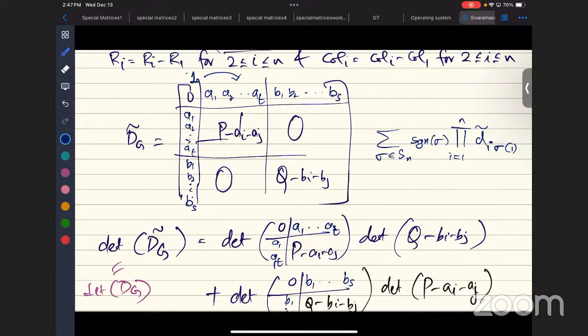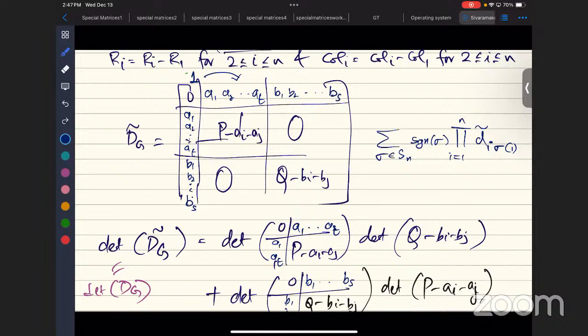Then what should happen? Notice that this is not some arbitrary matrix entry; it is this particular matrix. The image of 1 is some element of B. So whose image is 1?